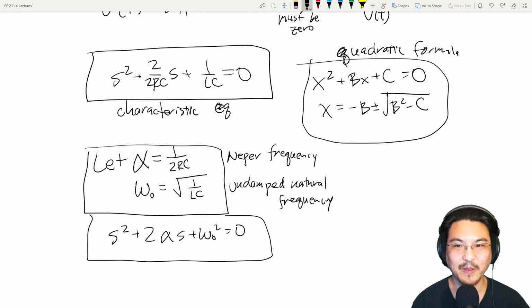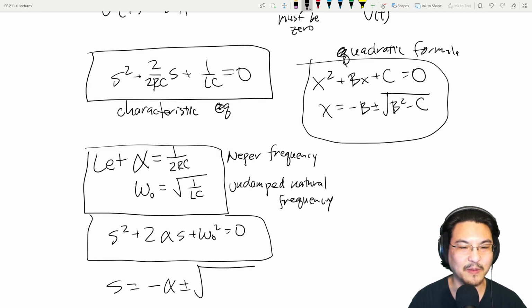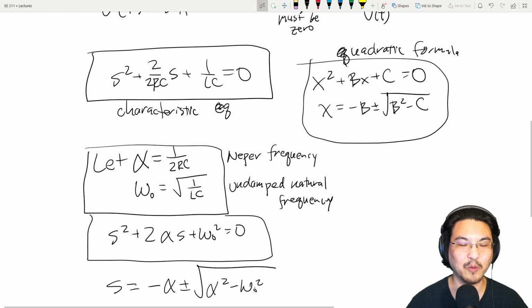So now let's use the quadratic formula to solve for the roots of our characteristic equation. So this would be negative alpha plus or minus the square root of alpha squared minus omega naught squared. Okay, so we have the roots of our characteristic equation.